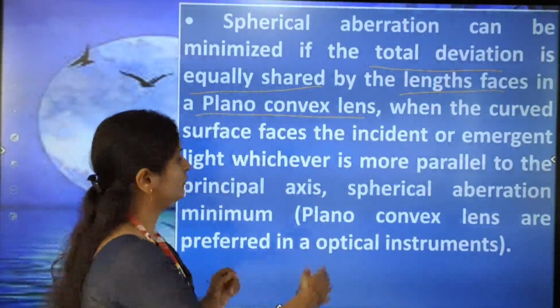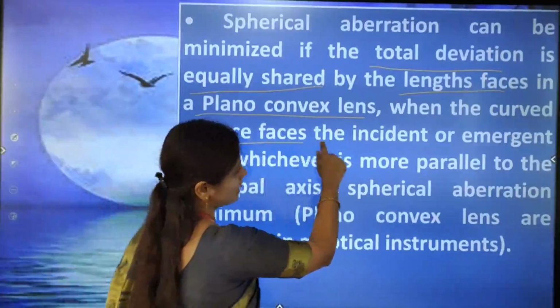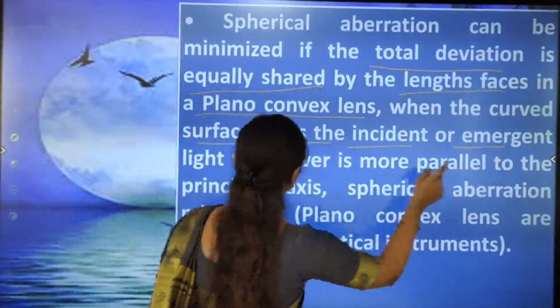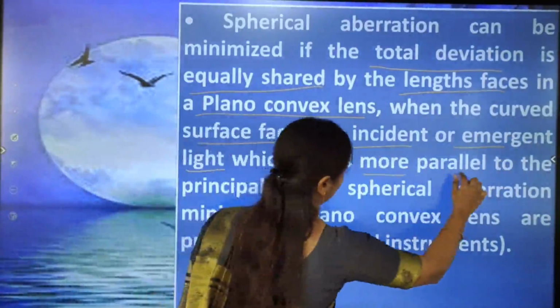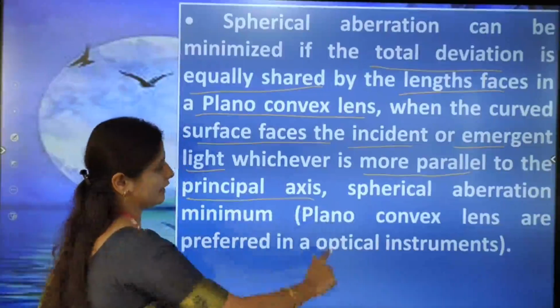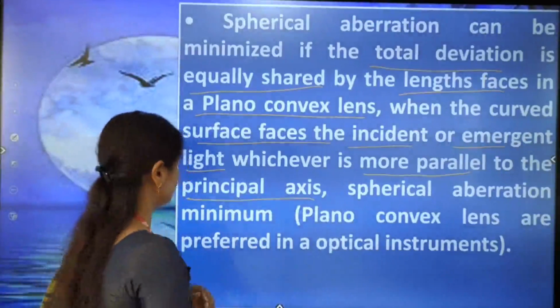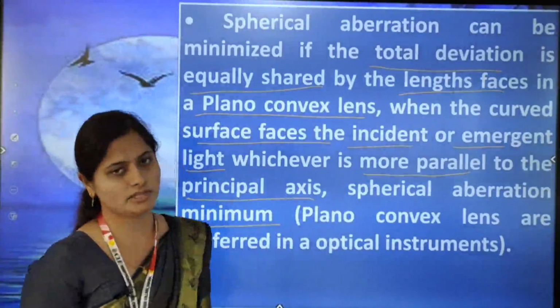At that time, when the curved surface faces the incident or the emergent light, whichever, the rays become more parallel to the principal axis, so the spherical aberration can be minimized.